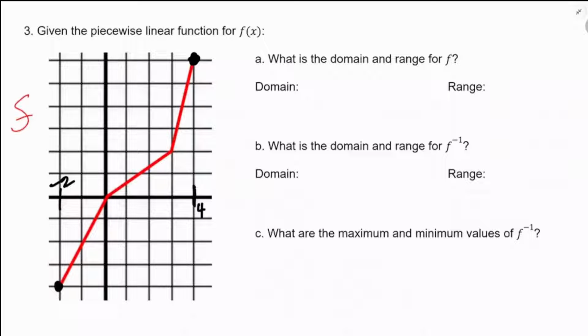That's a pretty heavy grid. So it's from -2 to 4. And the range is the y coordinates, from 1, 2, 3, 4, which is -4, up to 1, 2, 3, 4, 5, 6 up here. So -4 is less than or equal to y, which is less than or equal to 6.